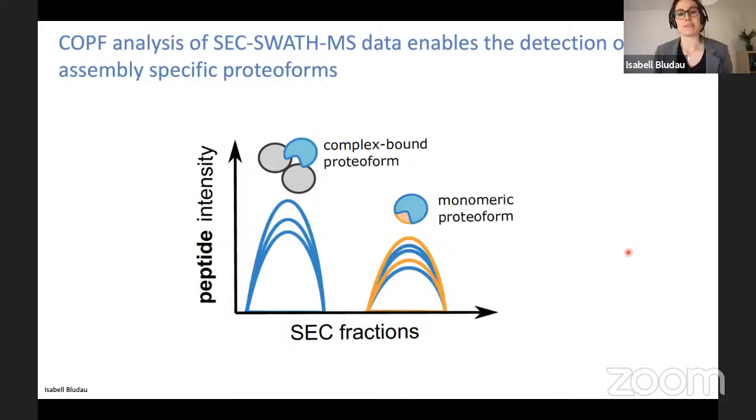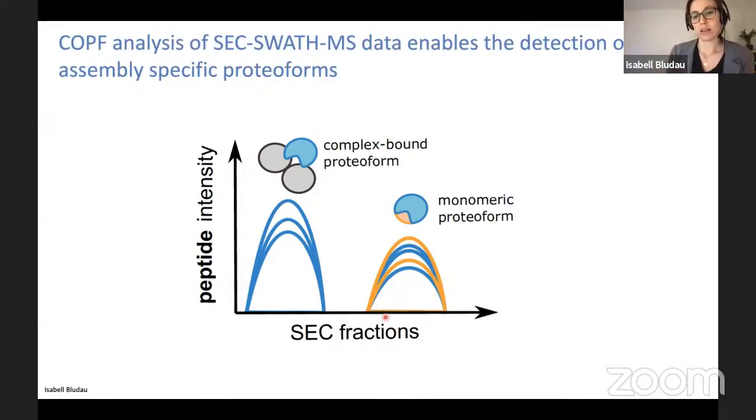So with this, I now like to get back to the SEC-SWATH-MS data, because our idea was not actually to do this on a multi-condition data set, but to look at proteoforms and how they might be assembly specific. So the overall idea here is that the different SEC fractions basically work similar to having a lot of different conditions. And if we look at peptide intensities across the SEC fractions, then we might figure out whether proteoforms are specifically integrating into a complex or not.